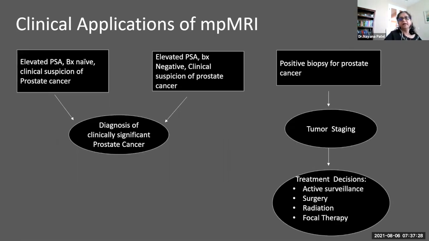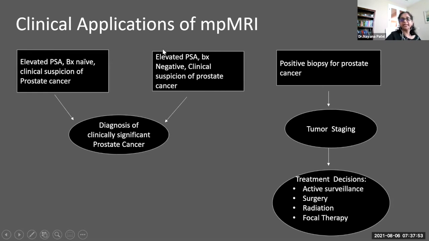So, multiparametric MRI is used in different clinical settings, like for diagnosis of the clinically significant prostate cancer in patient group who have elevated PSA and they are biopsy naive, but have high clinical suspicion for prostate cancer.